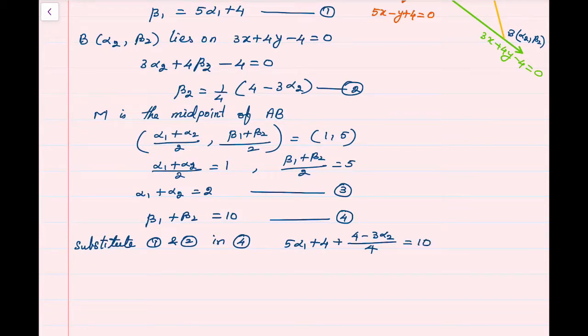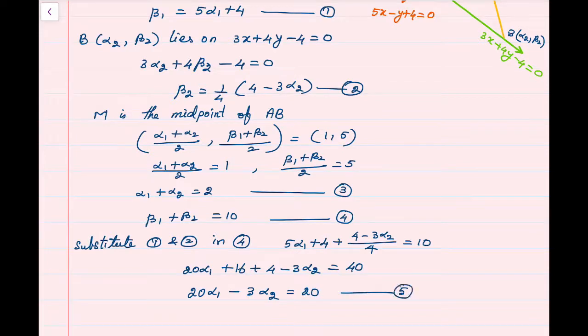We will multiply the whole equation by 4. 20 alpha 1 plus 16 plus 4 minus 3 alpha 2 is 40. Don't forget to multiply the other side by 4. We get 20 alpha 1 minus 3 alpha 2 is equal to 40 minus 20, which is 20. This is our fifth equation.